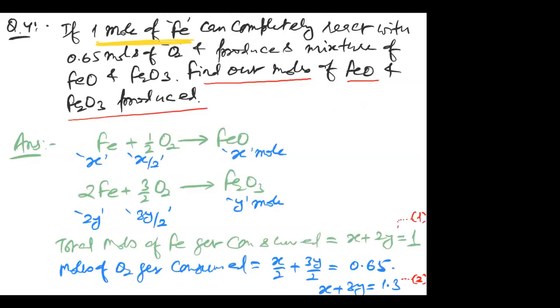So total moles of iron consumed is X plus 2Y equal to 1. And moles of O2 consumed gives X plus 3Y equal to 1.3. Two equations, two variables here.